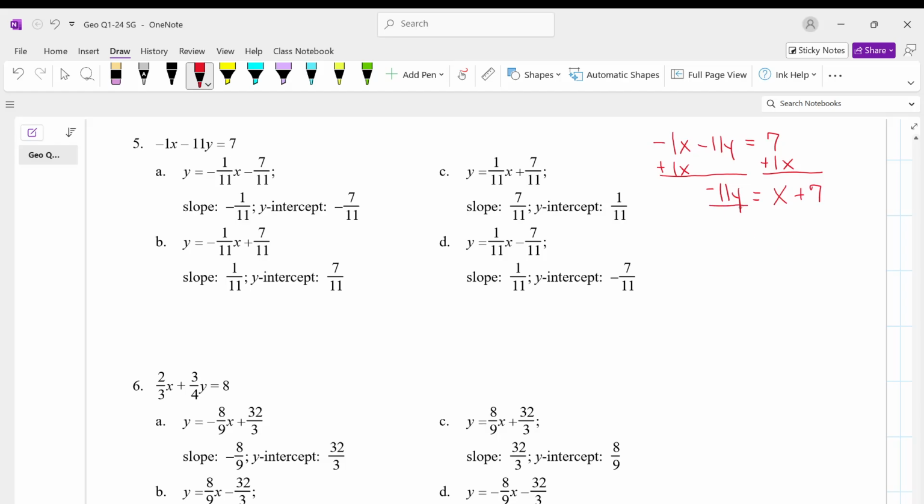Now we've got to divide everything by -11. So the -11's cancel, and y is equal to, there's still a 1 in front of this x, -1/11 x minus 7/11.